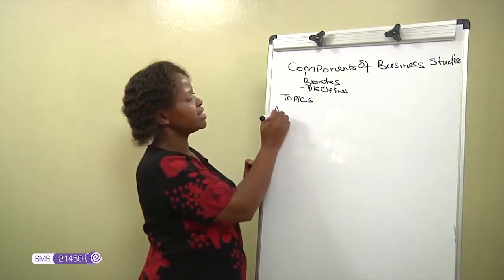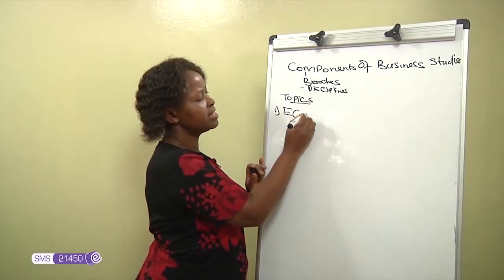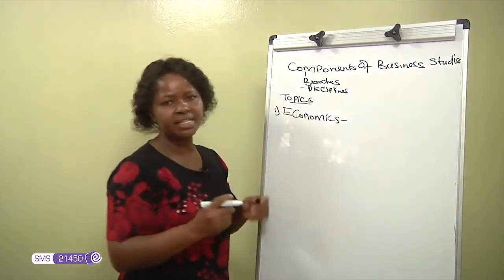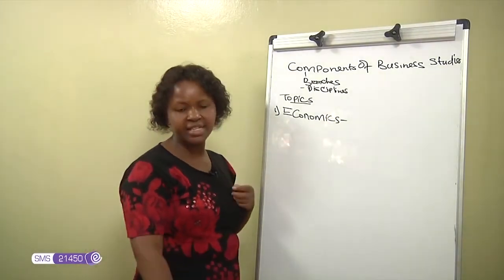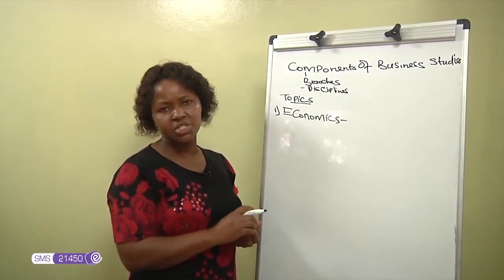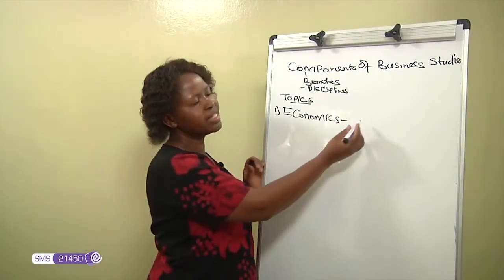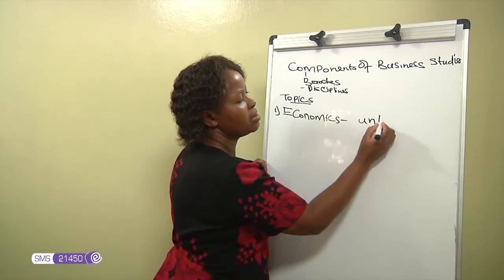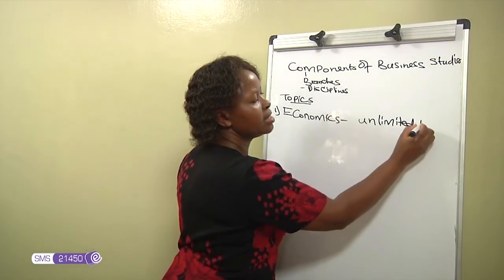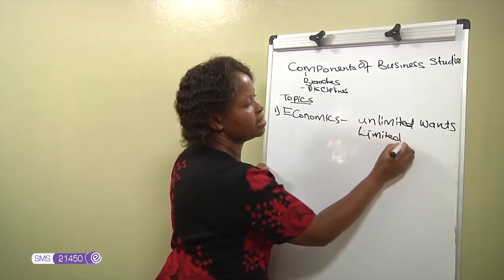One of these areas is economics, which is one of the disciplines. So how do we define economics? Economics is defined as the study of how human beings strive to fulfill their unlimited wants with limited resources.